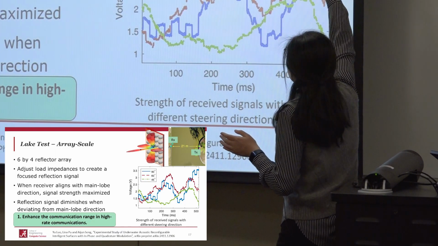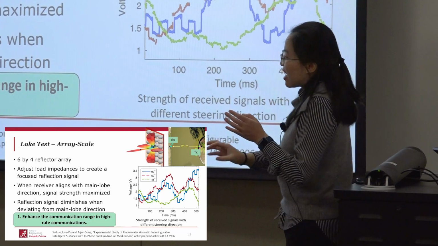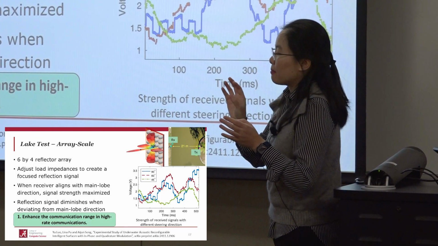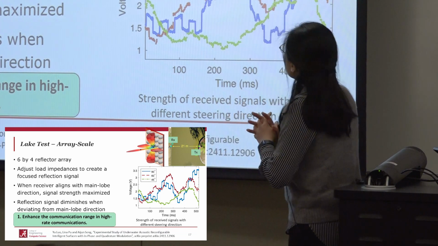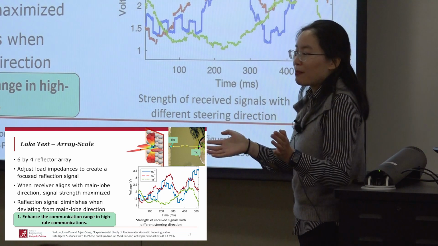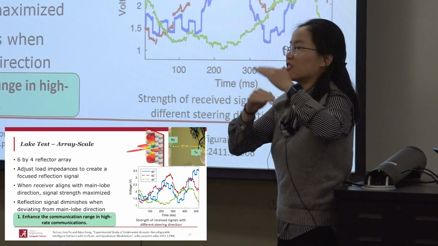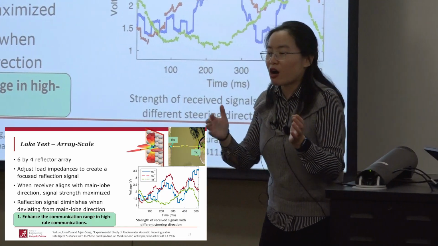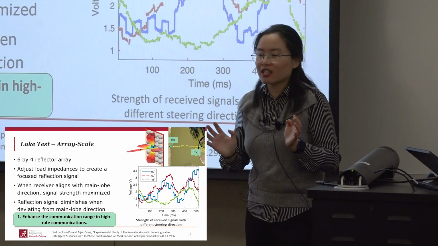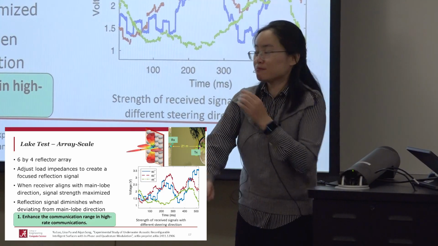So basically, that 90 degree indicates that the reflected signal should direct to the receiver's direction. So with that, we should expect to observe significant reflected signal, right? Because our surface is directing the reflected signal towards the receiver.